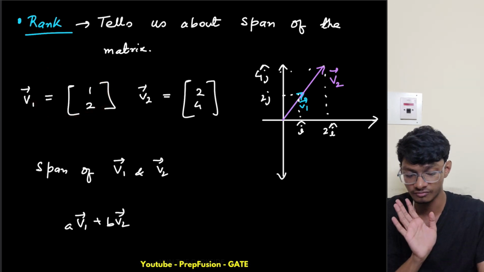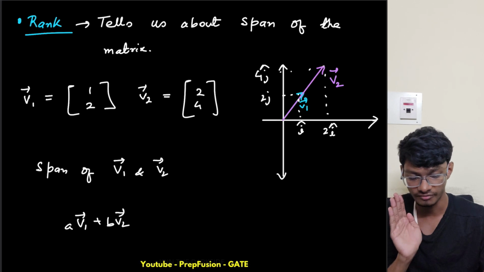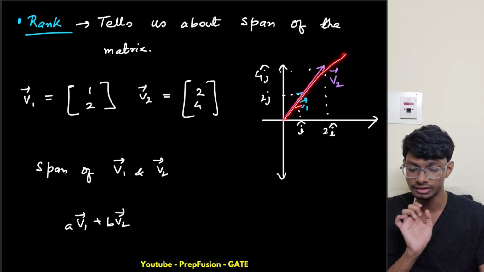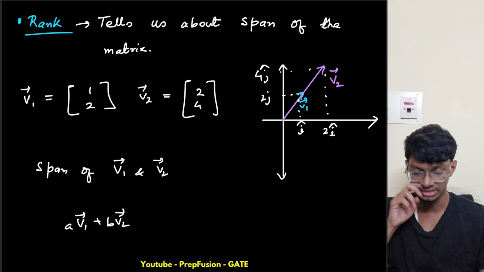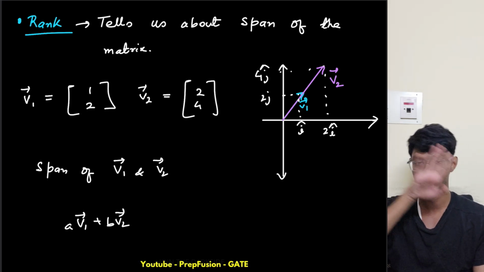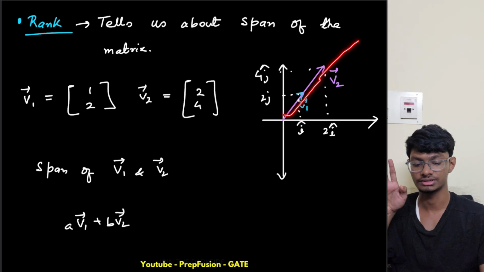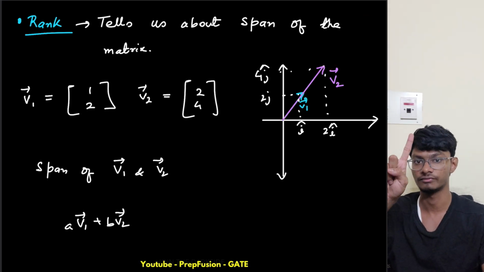What will be the span of V1? It will be 1D only, one direction, because I'm covering a line only, not the whole area. I can only scale this. If a is multiplied, a times 1 plus 2j goes like 2 plus 4j, 4 plus 8j, and so on. I will go along this line if I keep changing a, since I have only one vector.